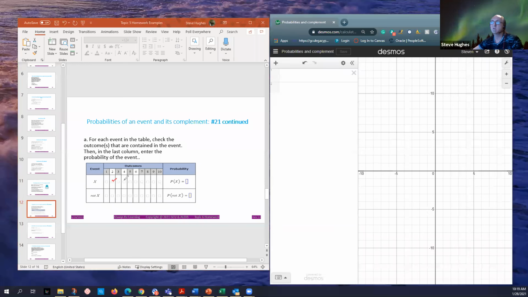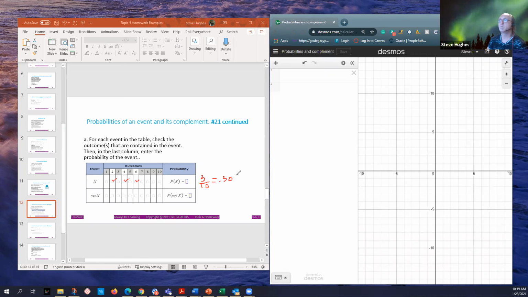This is white. This is white. This is white. All right. How many white balls are there? 3, right? Out of how many are there total? 10, right? That is a decimal of 0.30.